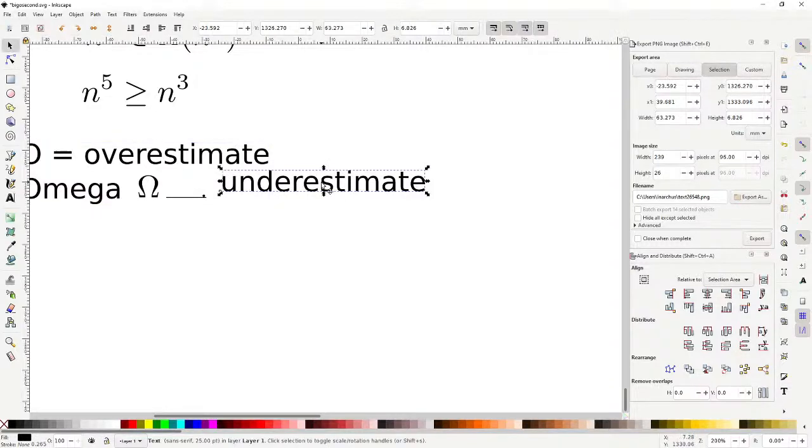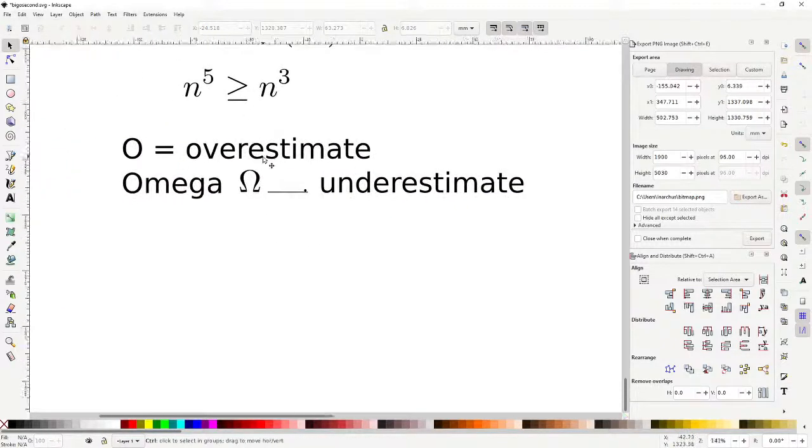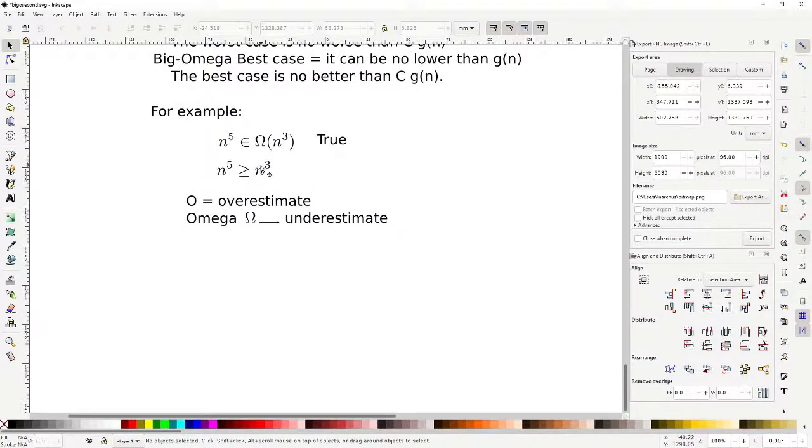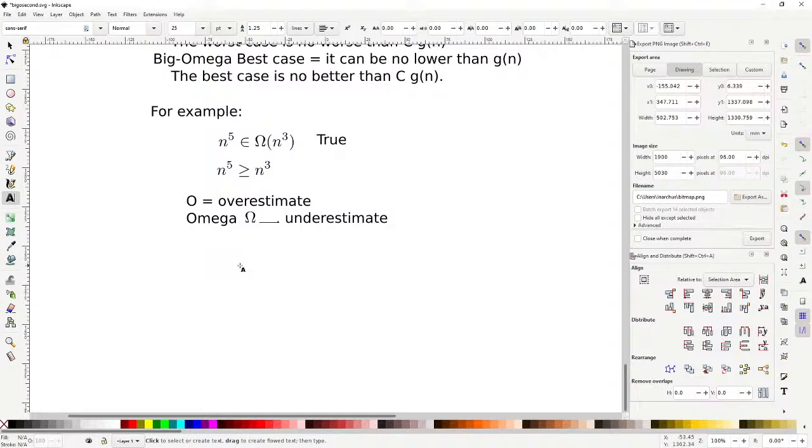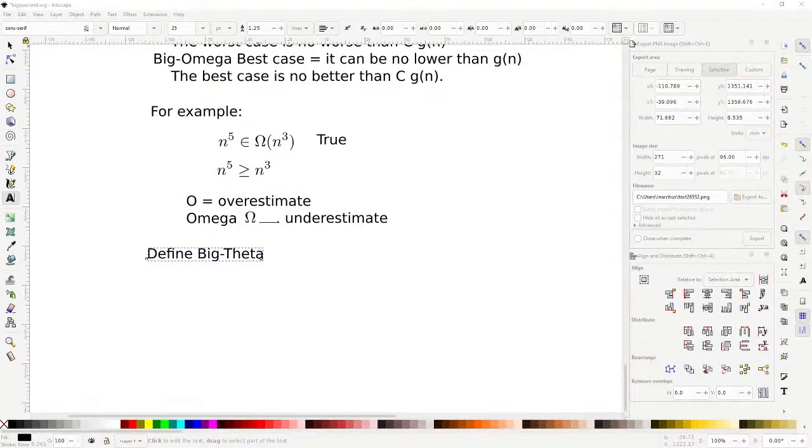And then there's one last thing that we haven't talked about, and that is big theta. So now let's define big theta. Capital theta is this symbol here.